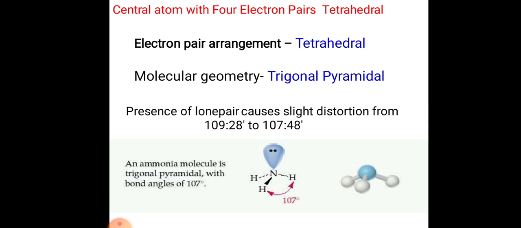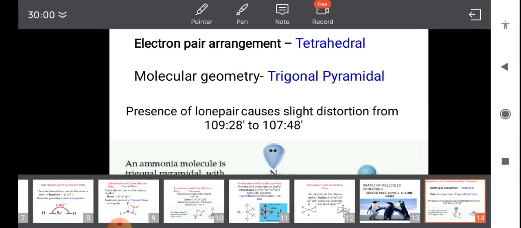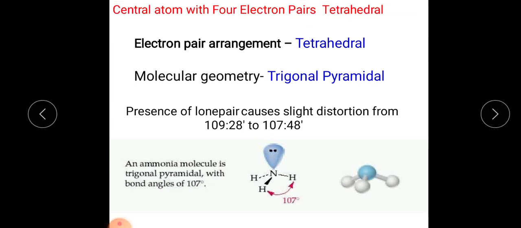So what is the resultant geometry? The resultant geometry is called a trigonal pyramid, because the base is a triangle with a pyramid as the shape. That's why it is called a trigonal pyramid.